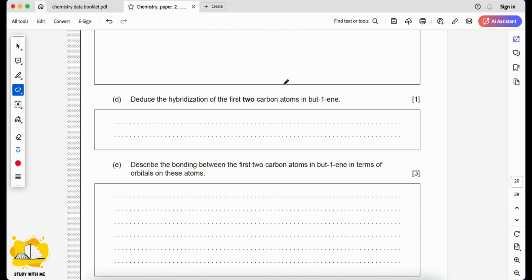Deduce the hybridization of the first 2 carbon atoms in butene. So in butene, these are the first 2 carbons. This will be both sp2. You see, sp2, sp2.